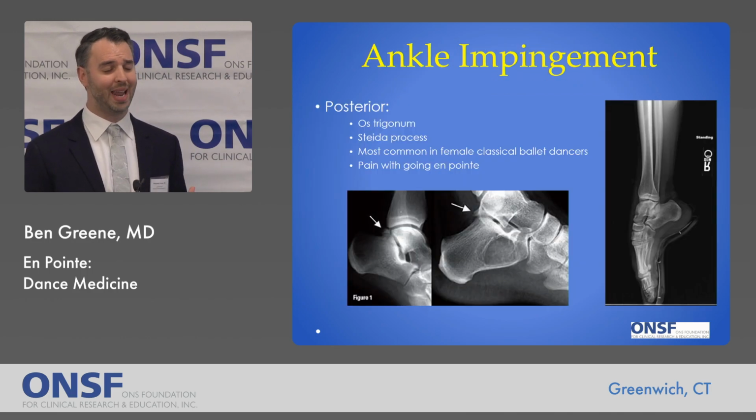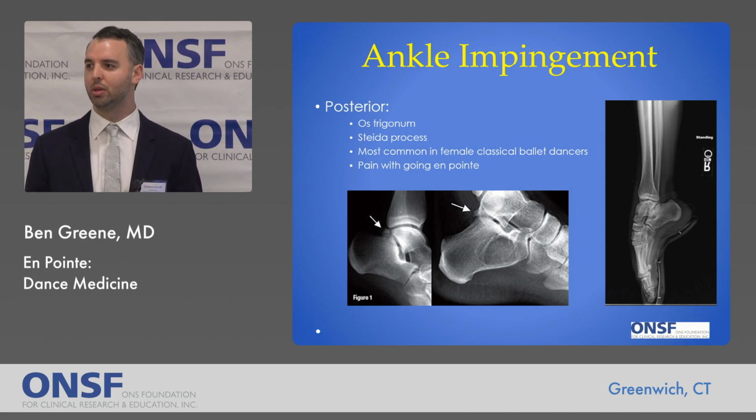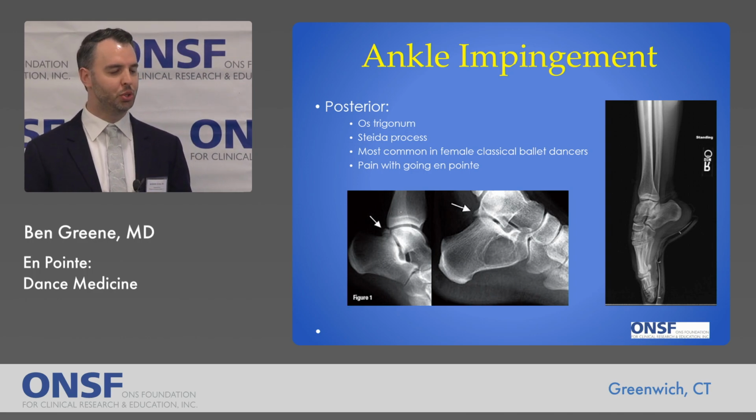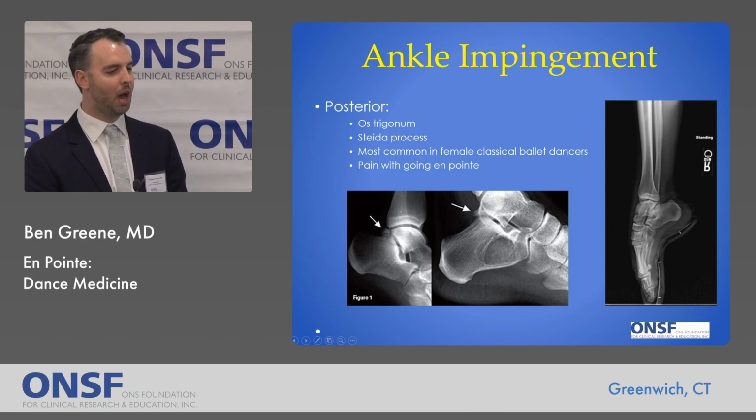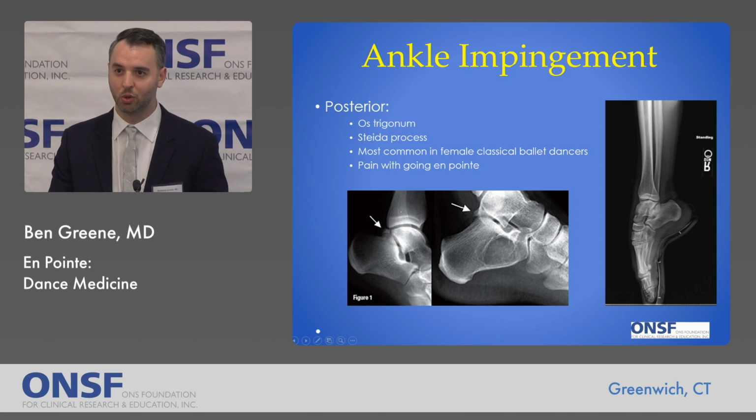So it often goes hand in hand with this concept of posterior ankle impingement. That's usually due to the presence of an abnormal or atypical bony abnormality, either a separate bone called an os trigonum, or this elongation in the back of the ankle called the Stieda process. And this is commonly seen in female classical ballet dancers.